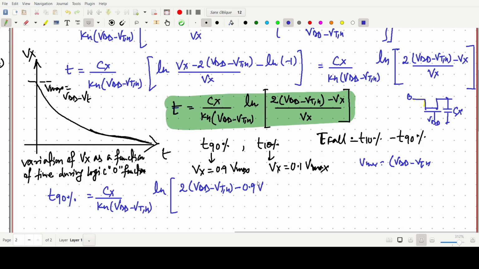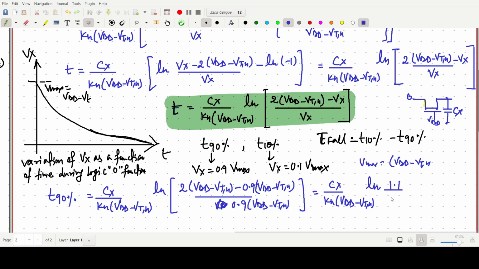So 0.9 times (VDD minus VTN), divided by 0.9 times (VDD minus VTN). If we solve, this cancels out: 2 minus 0.9 means ln of 1.1 by 0.9. So this is the value for this one.